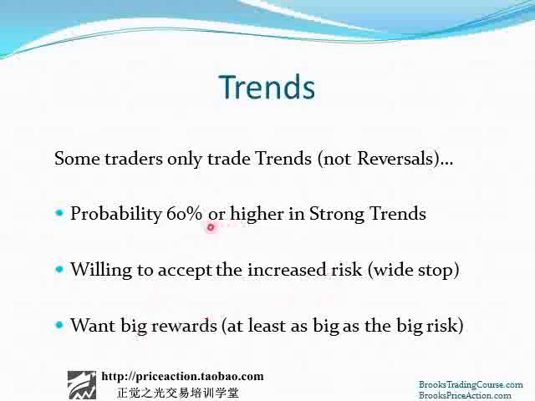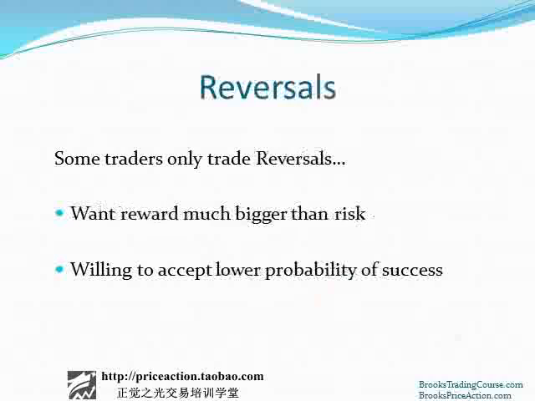Whenever the probability is 60%, usually the reward is equal to about the risk. Other traders only want to trade reversals because they see the potential reward as much, much bigger than the risk, and they're willing to accept a lower probability of success to achieve that very big reward. And there's no right or wrong. Both are acceptable ways to trade.